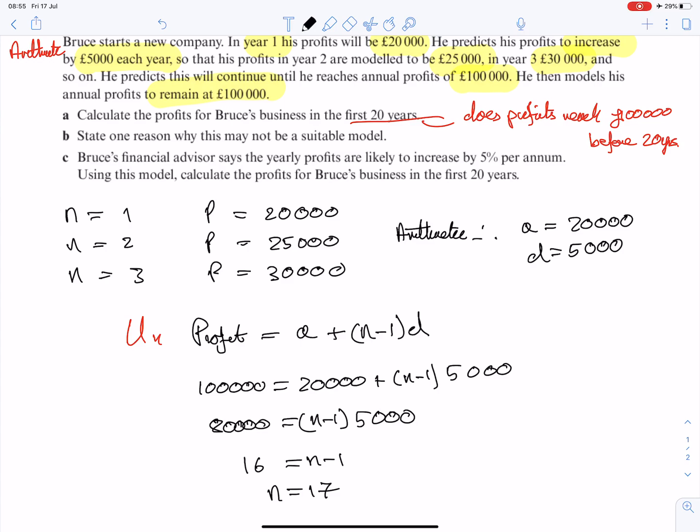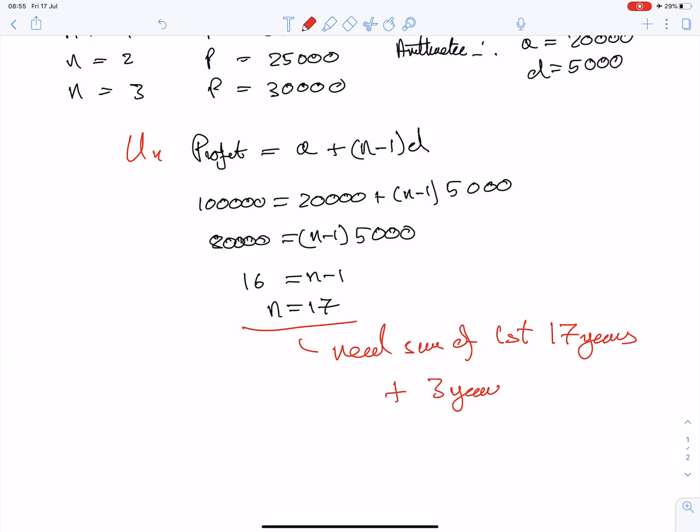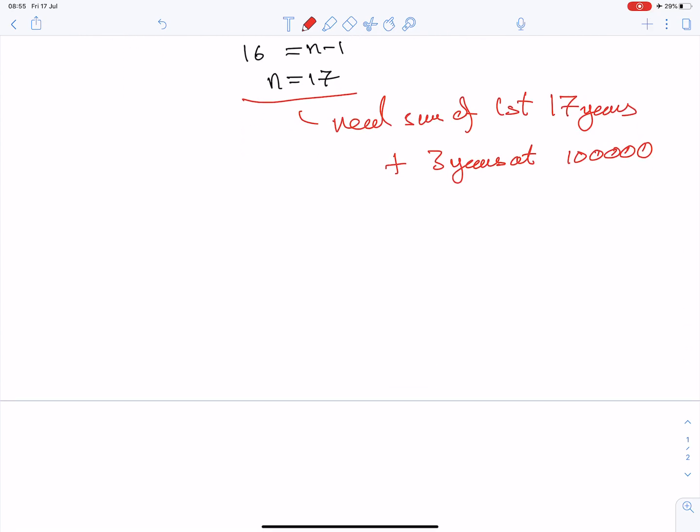Okay, now we want the profit in the first 20 years, so we want to find the sum of the first 17 years plus 3 years at £100,000 a year. So we need the equation for the sum of the first n terms of an arithmetic sequence, which hopefully you have learnt now.